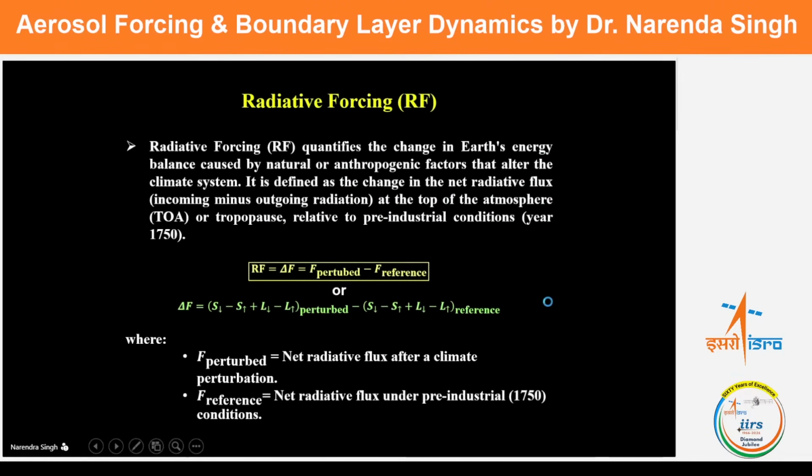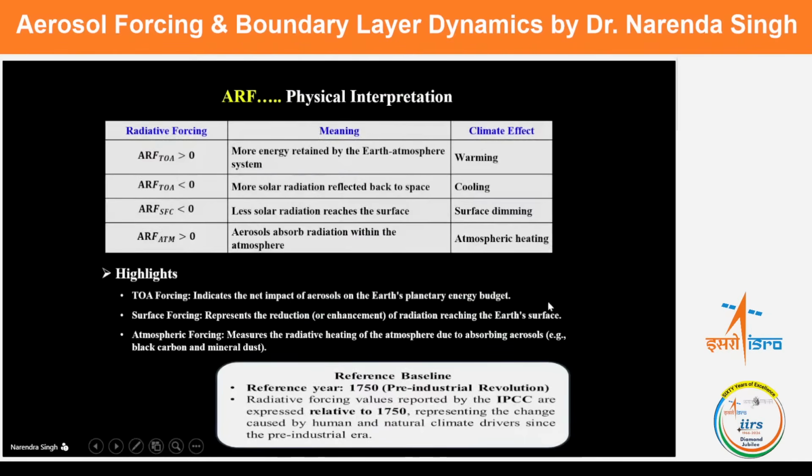Now, how do we understand it? What could be the physical interpretation of this radiative forcing? If we calculate the atmospheric radiative forcing at the top of the atmosphere and it is positive, it means that more energy is being retained by the Earth's atmospheric system, and it is warming.